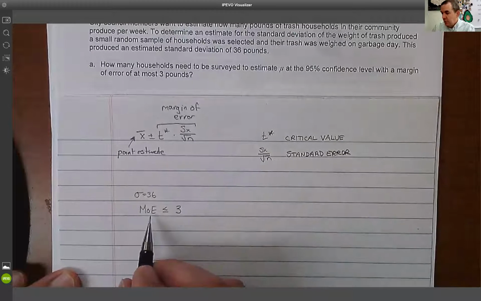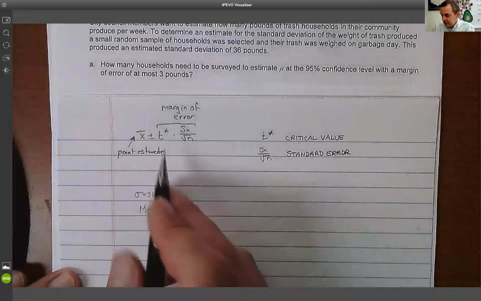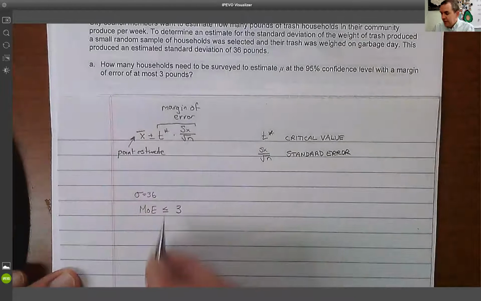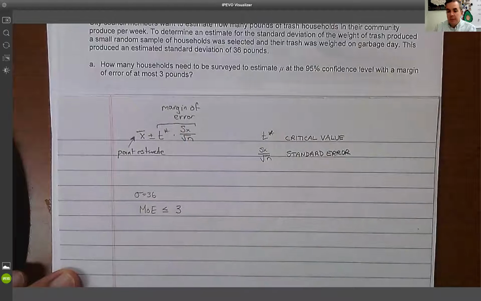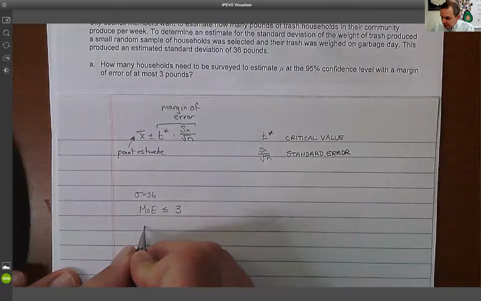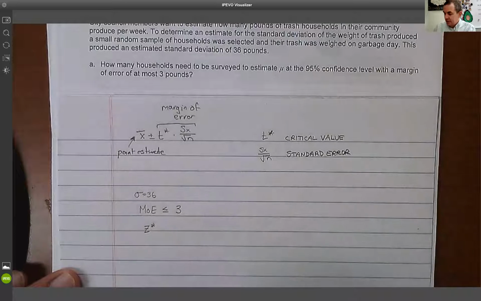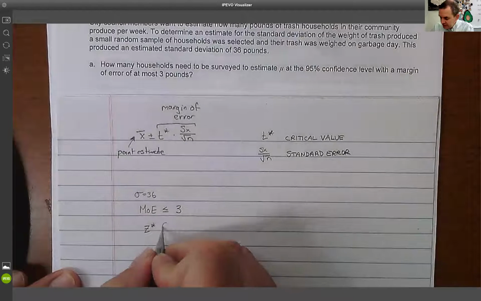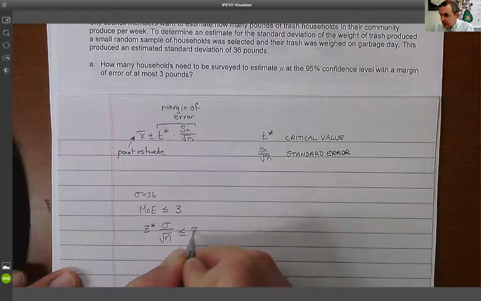So what we're dealing with here is this entire thing, the margin of error. Now here's the deal. Because we're trying to figure out a sample size, we're actually going to use z star. This is the only time we're going to use z star in means. Z star times the standard deviation we came up with over the square root of n has to be less than or equal to 3.